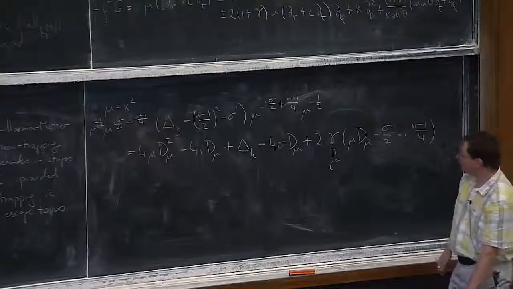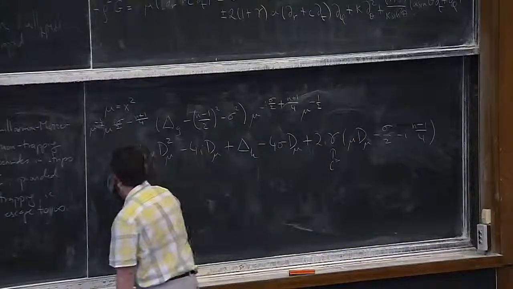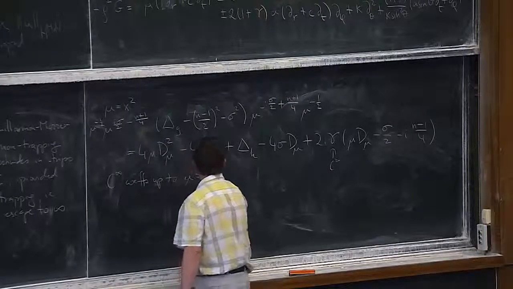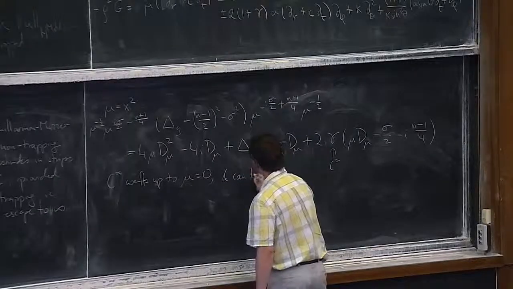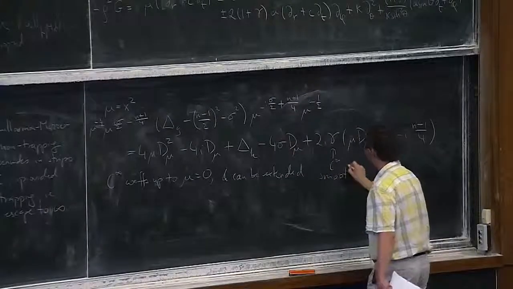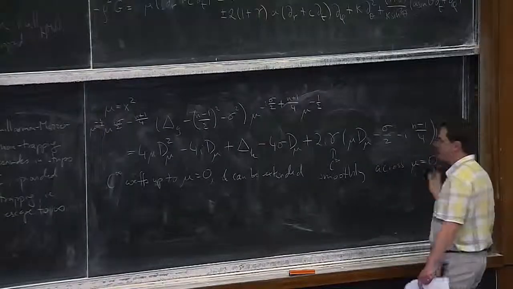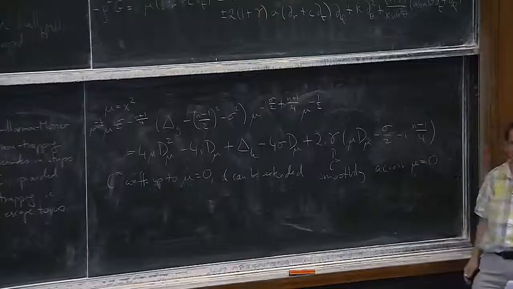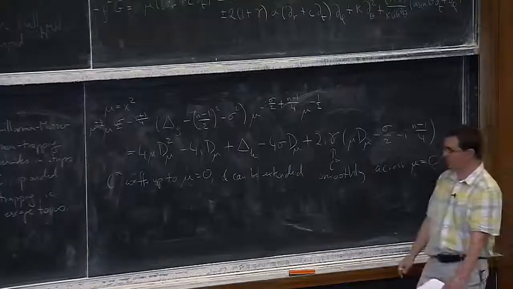So the point is that this now has smooth coefficients up to mu equals 0, and can be extended, in principle, in an arbitrary way, but extended smoothly in a C infinity manner across mu equals 0. So we just think of this right-hand side now as a new operator that's defined even when mu is negative, but relatively small. We don't want to go too far at this point yet.